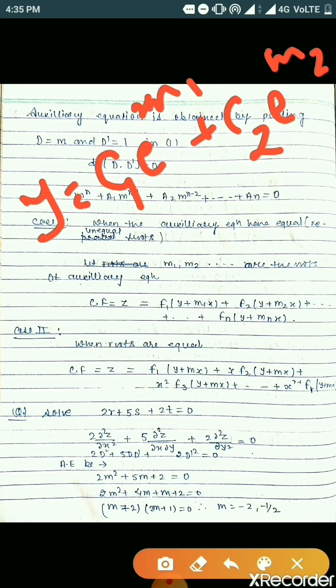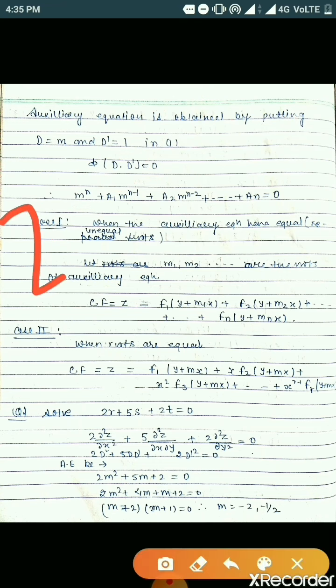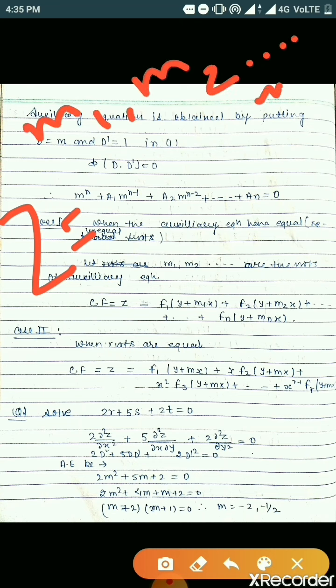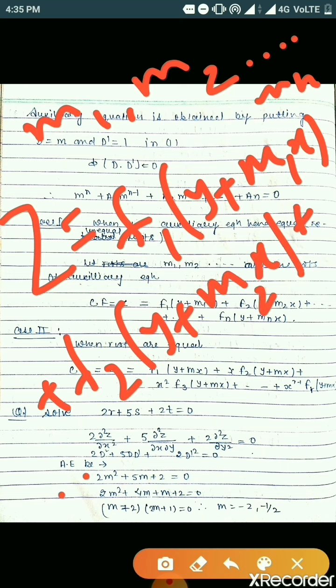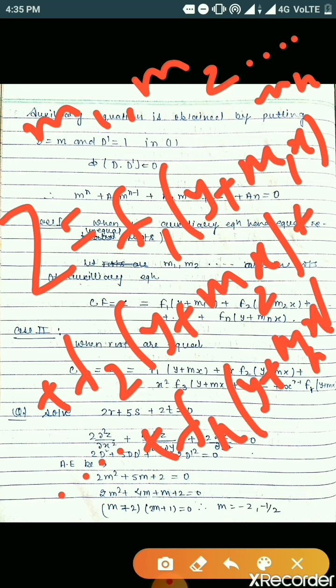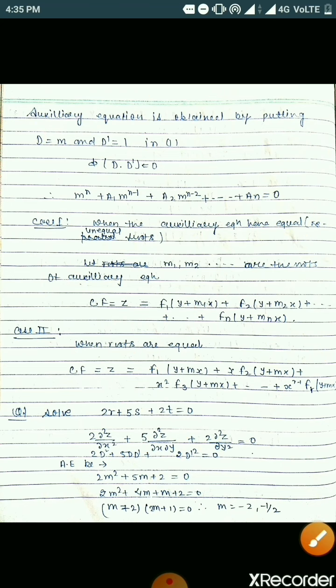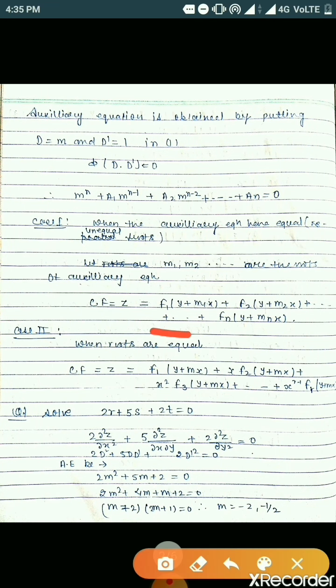That's why we will write the CF part as z equals to f1(y plus m1 x) plus f2(y plus m2 x) and so on plus fn(y plus mn x). So we write the complementary function this way.